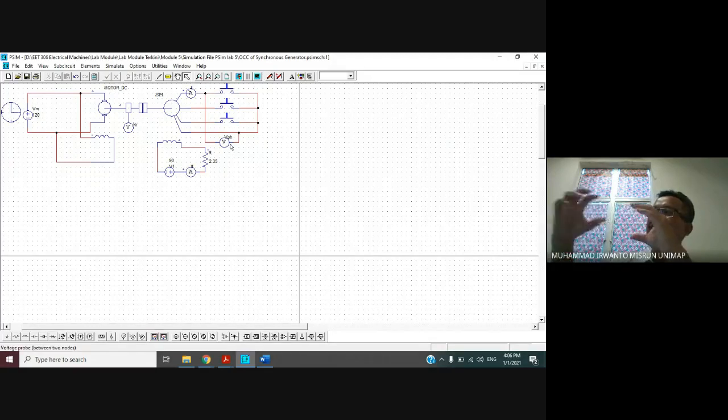Here is the internal generated voltage, this one is the winding, and this one is the terminal, open. You measure here: voltage yes, but current no. So there is no current here. The voltage here is equal to the internal voltage. Remember this condition.